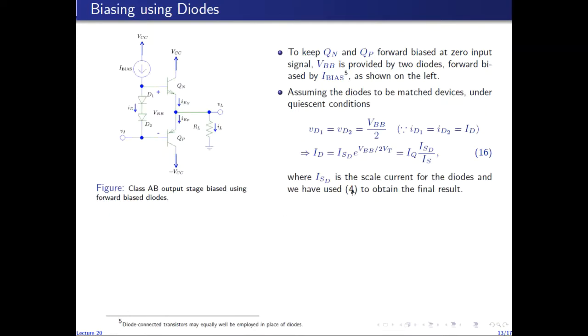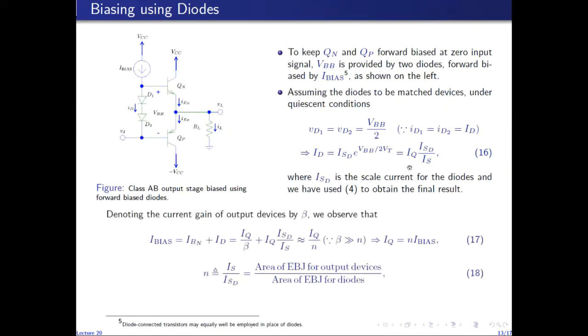And we know from equation 4, where we defined the quiescent current, that exponential of VBB by 2 VT is equal to IQ over IS. So IQ was defined as IS times exponential VBB over 2 VT, where IS is the scale current of the output devices. So we can replace this exponential factor with IQ over IS. So we can write the diode current in terms of the quiescent current through the ratio of the scale currents of the diode to the output devices.